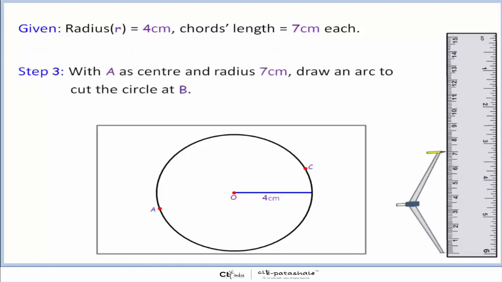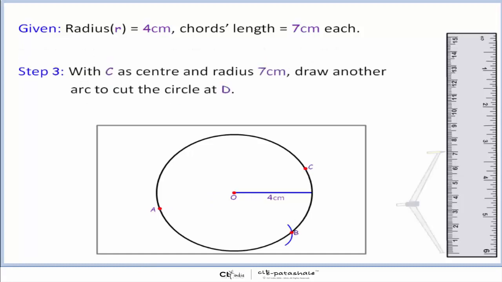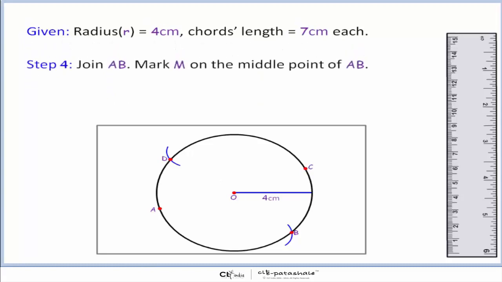Step 3. With A as center and radius 7 cm, draw an arc to cut the circle at B. With C as center and radius 7 cm, draw another arc to cut the circle at D. Step 4. Join AB. Mark M on the middle point of AB.